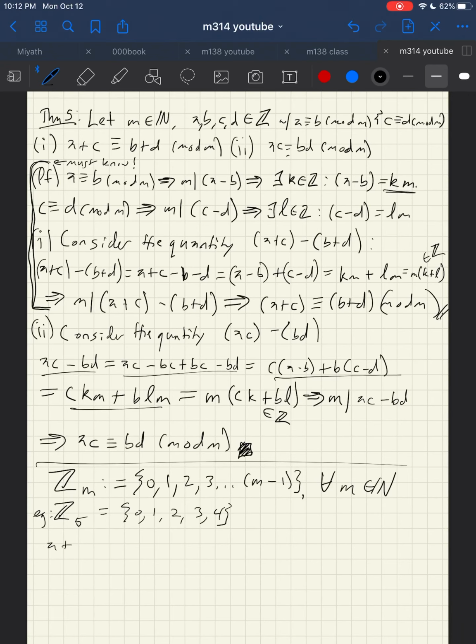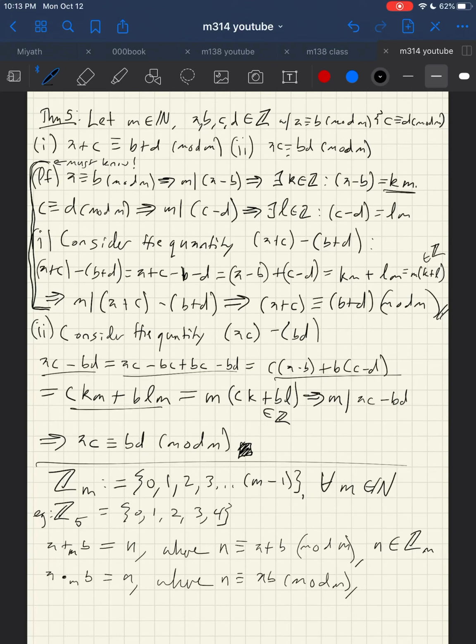So if I have A plus sub M B, that's just equal to n, where n is congruent to A plus B mod M, and n is an element of Z sub M. And this is the same for times sub M. So A times sub M B is equal to n, where n is congruent to AB mod M, and n is an element of Z sub M.